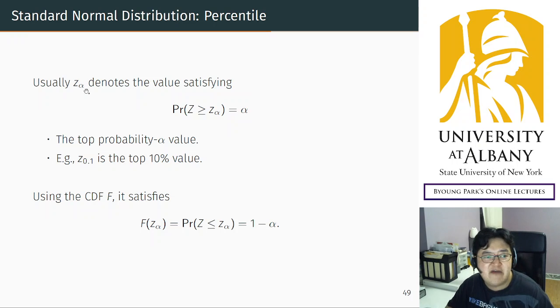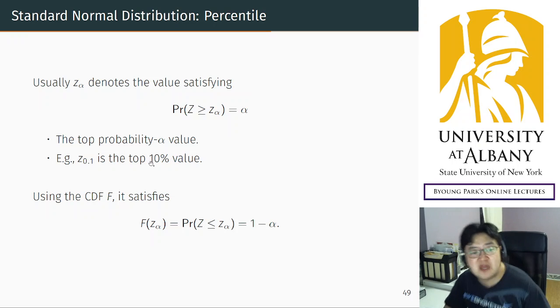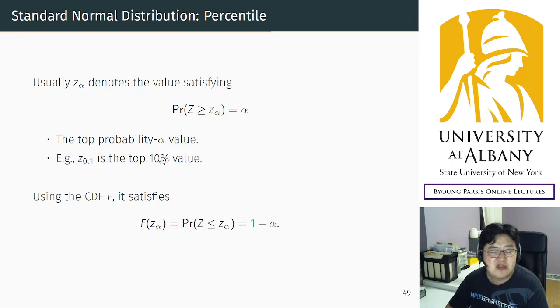So when you have probability alpha, it returns z alpha, the top probability alpha value. So earlier we calculated the top 10% value. In this notation, you can write top 10% value as z subscript 0.1, right?